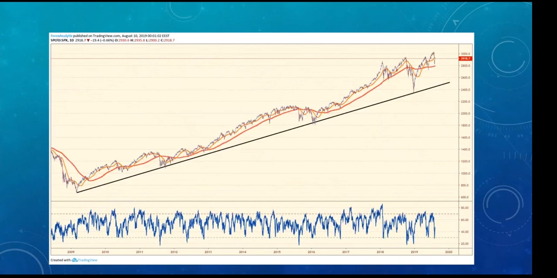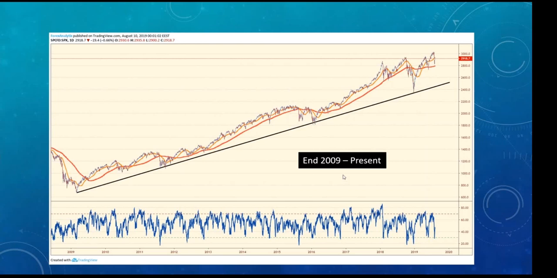This is the S&P, and since the bottom we formed in 2009, the S&P has gone straight up. So we haven't had a real opportunity to see what the dollar would do if stocks come down, because, frankly, we just haven't seen the stock market come down.